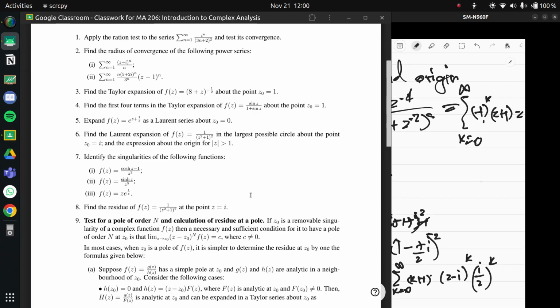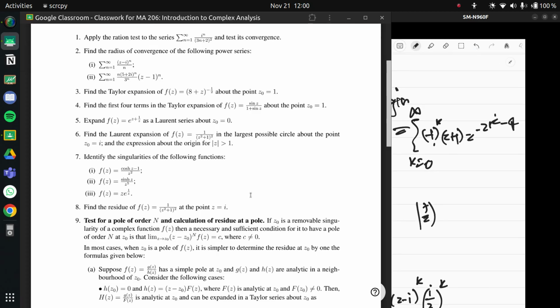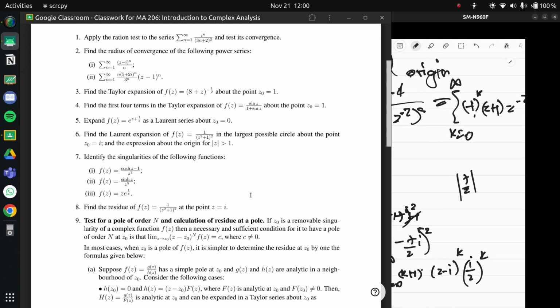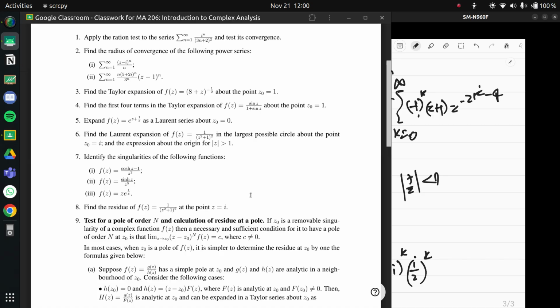So basically what you want is that the magnitude of t by 2 pretty much that, since that's just how it's increasing, every single time it increases like that is going to be less than 1. If this happens, you're good to go, which is to say that magnitude of z minus iota should be less than 2, so its radius is 2. That makes sense. Then you want to figure out the residue.